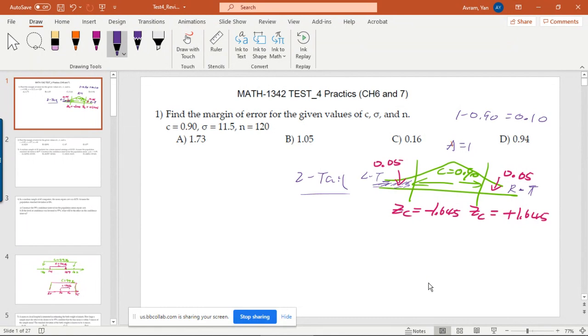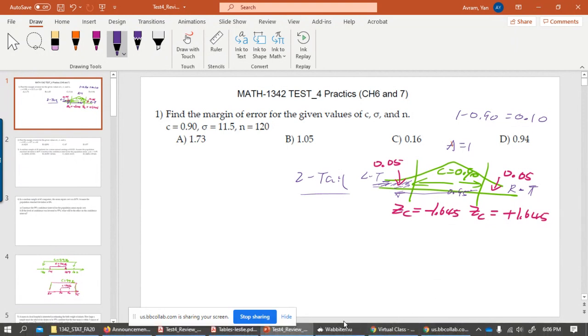If I read from here all the way to the left, which is a little bit more complicated because now you have to add this area and this area, which is 0.95, and use the 0.95 to read the table backward, you will get a positive z-score. And these 2 numbers will be the same, one positive, one negative, right? So knowing that, next time we only need to read 1 z-score, and then we know the other one will be positive already.